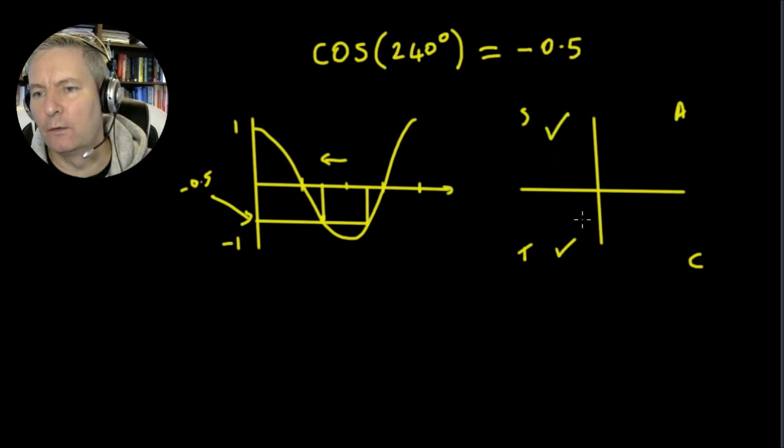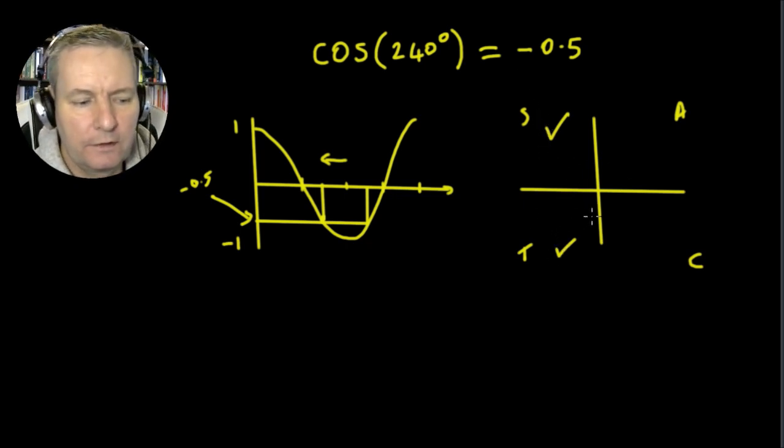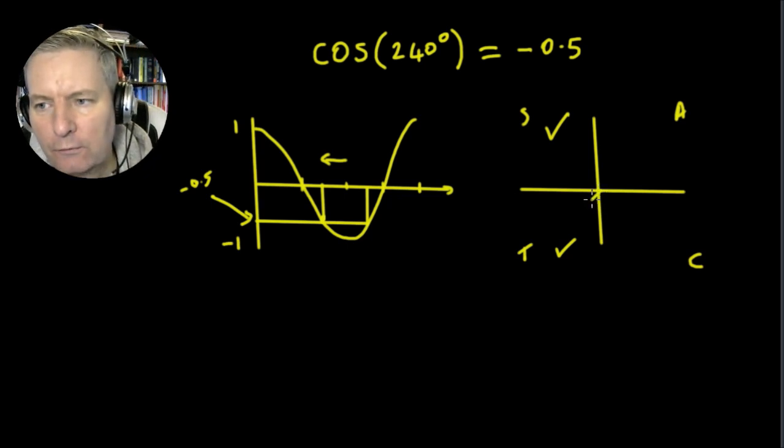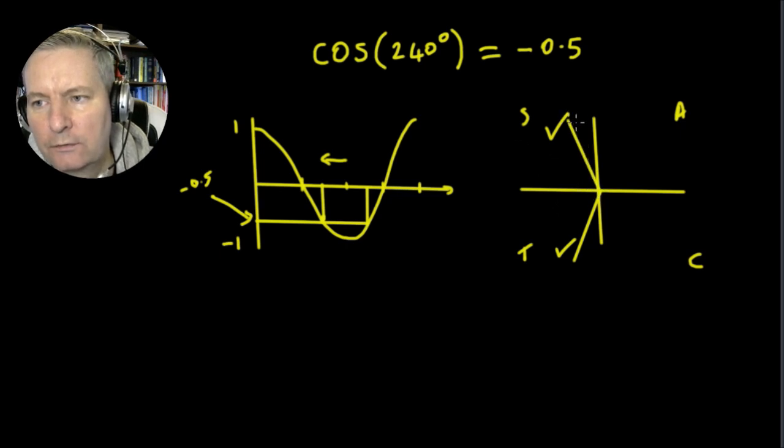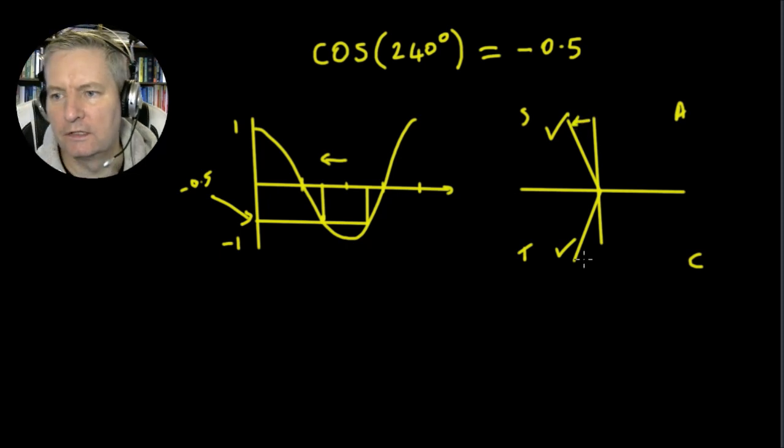We've already got one of them in this quadrant, which is the 240. So this is the 240, and we need to find the one that's in here. So we could just draw the line in representing the 240, roughly here. We're going to have another line up here, so that this distance here is the same as that distance there.